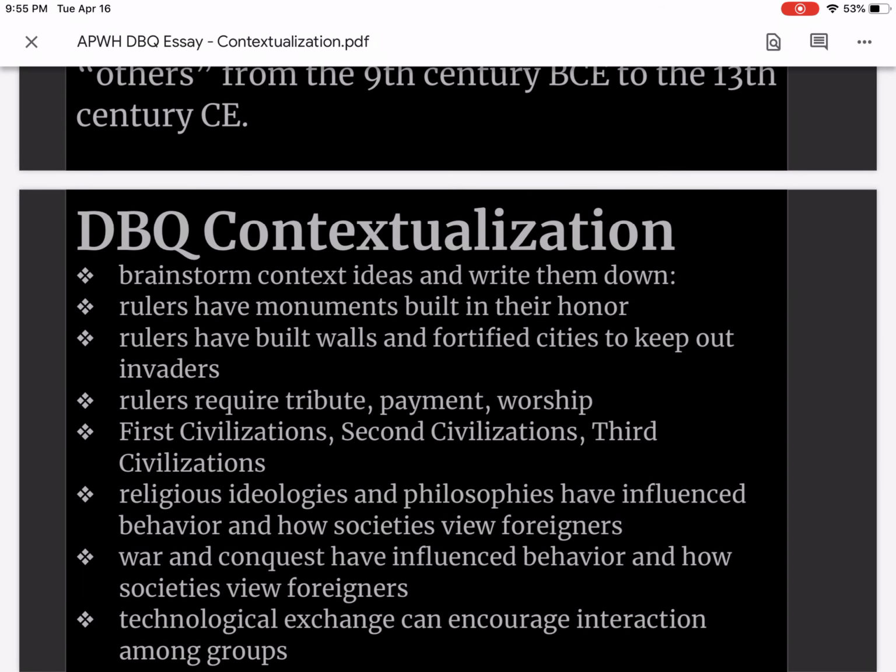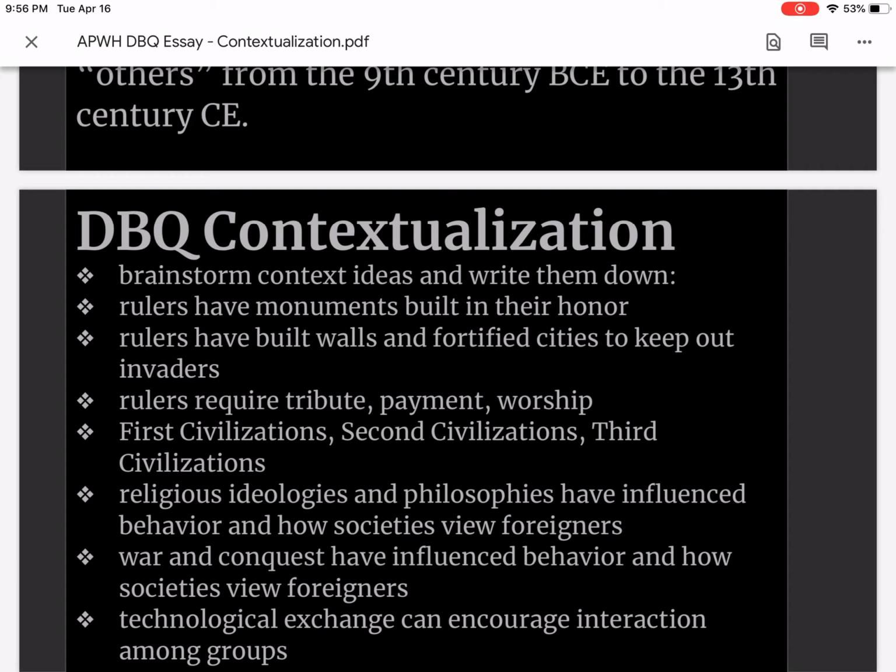By the time you get to the third civilizations, which would be probably around 500 or 600 CE and onward, really the center of the global civilization transitions from Rome and Europe to Asia.